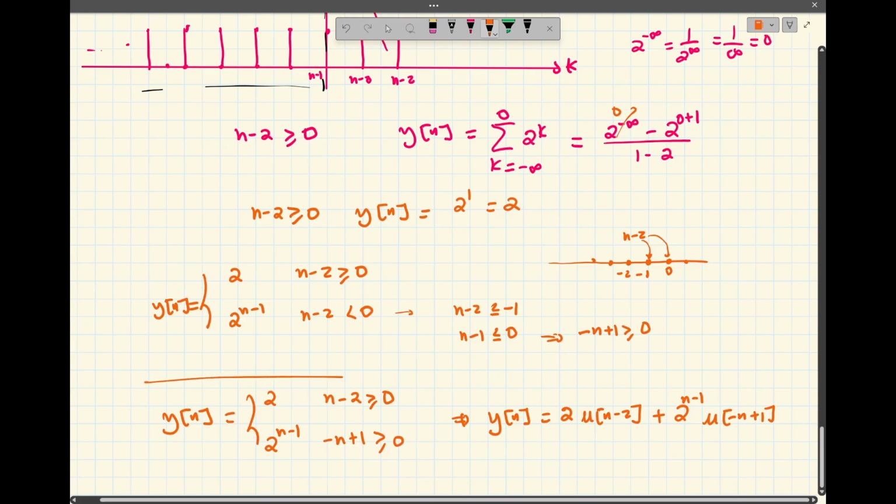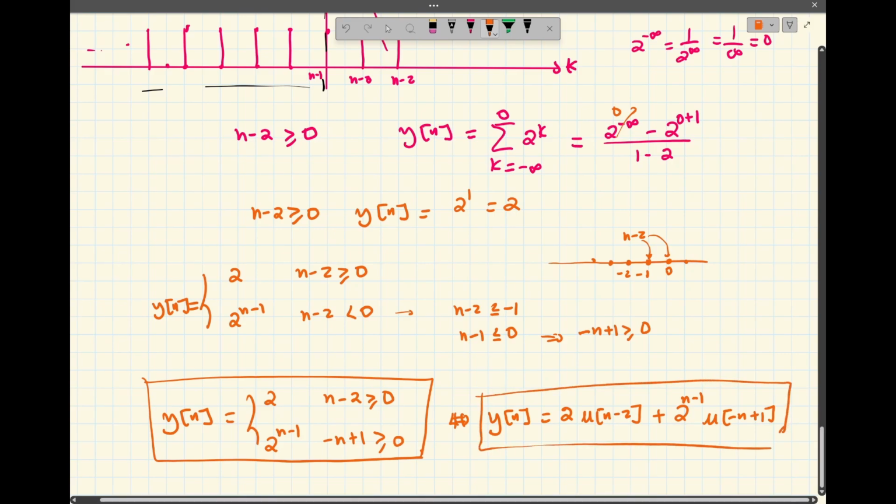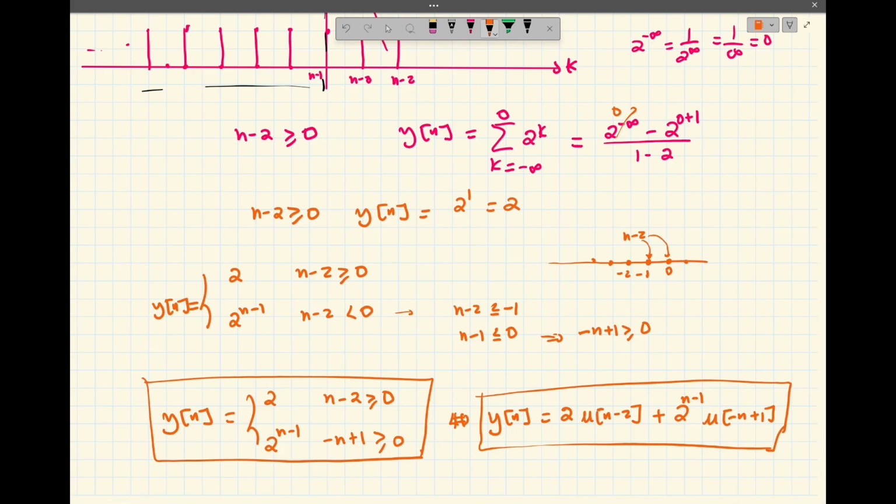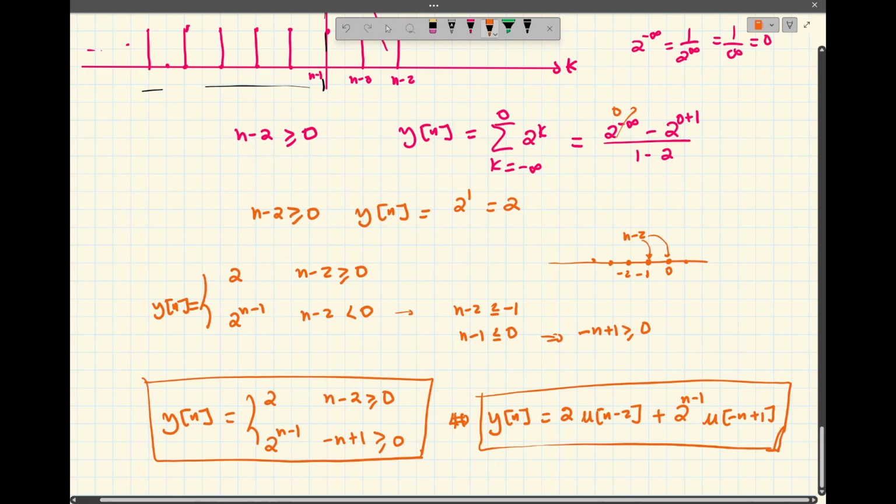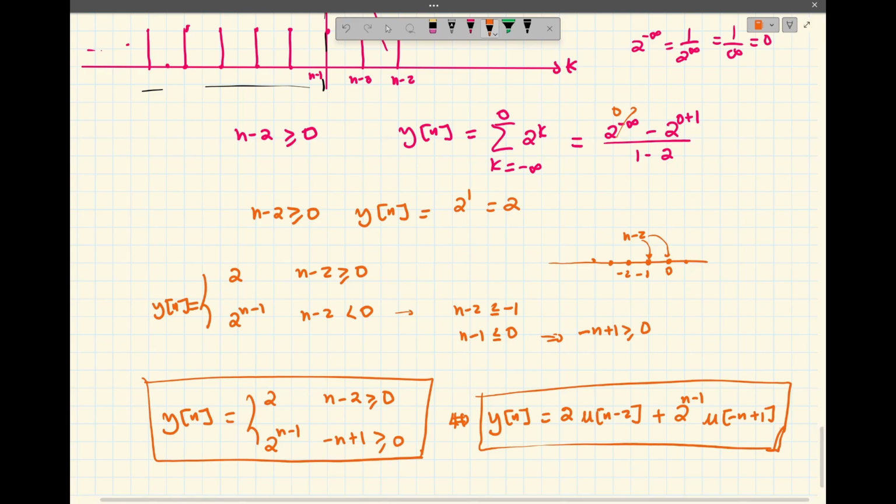So that will be the answer, if you wanted to write it as a piecewise function or in terms of the unit step function. So that is one way to compute the convolution sum graphically.